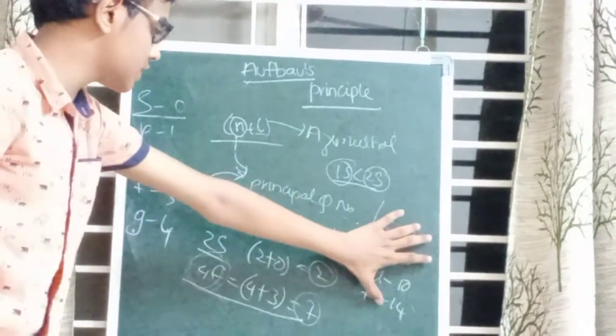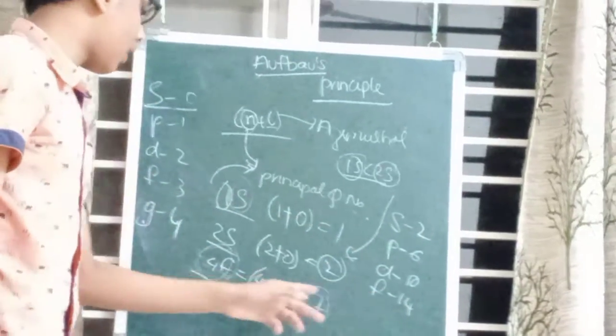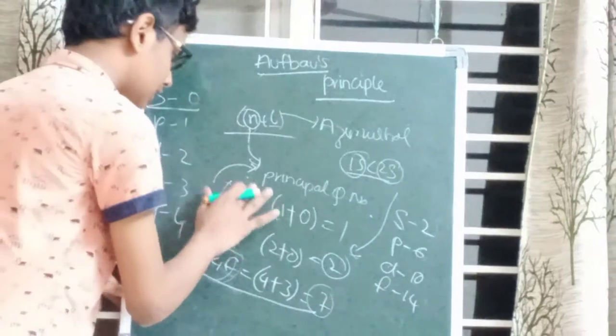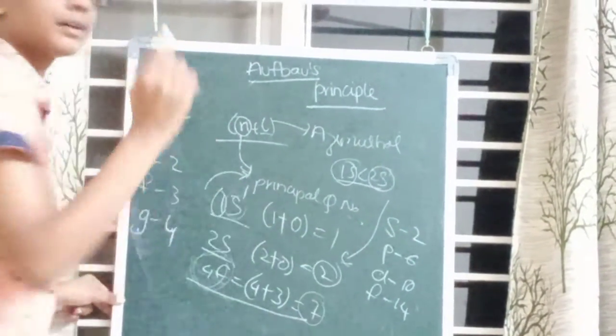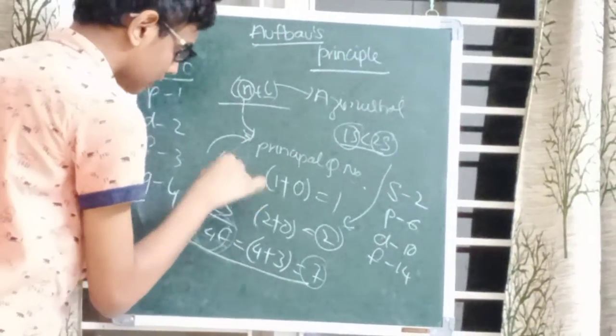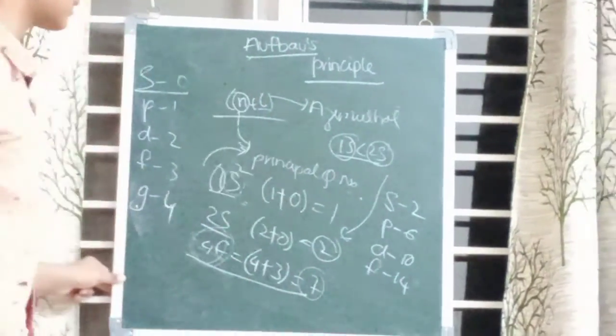On this basis, we represent a 1s orbital as 1s2 if it is completely filled with 2 electrons, or 1s1 if only one electron is filled. We should always represent it in this way.